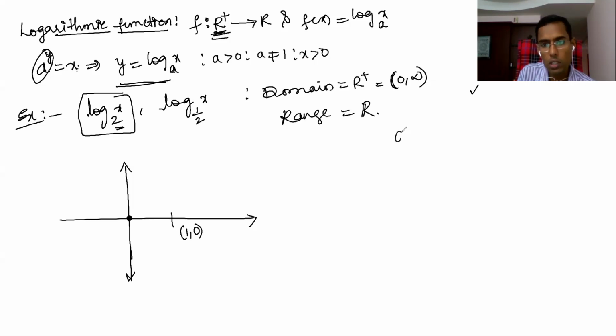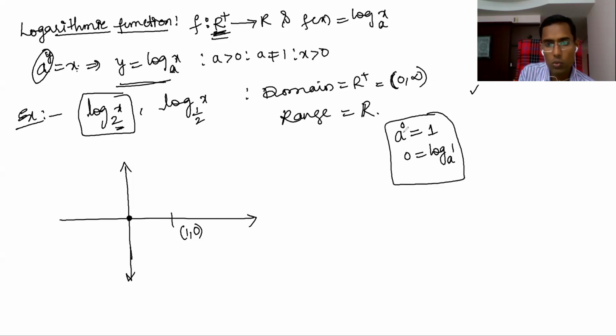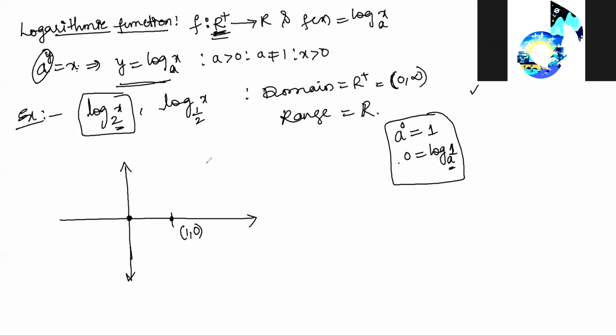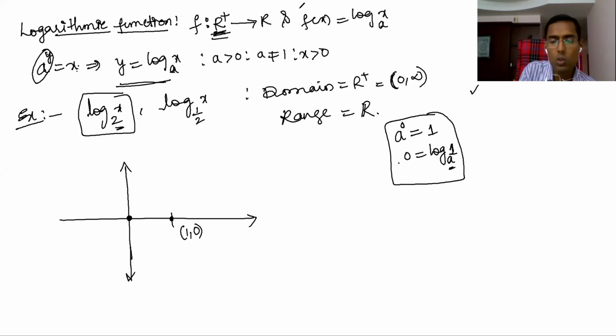I already explained this: a power 0 is 1, so 0 equal to log 1 to the base a. Log 1 to any base a is 0. So log 1 is 0 here.